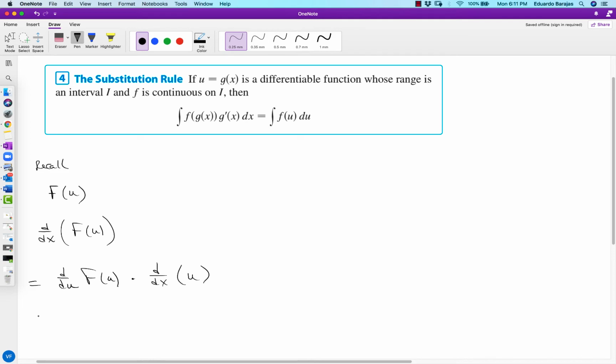So this is really capital F prime of u, the derivative, times d dx of the u. Good. So if you run into something that happens to fit this form, then you can use the chain rule to establish it like this, so you can rewrite it in terms of u.